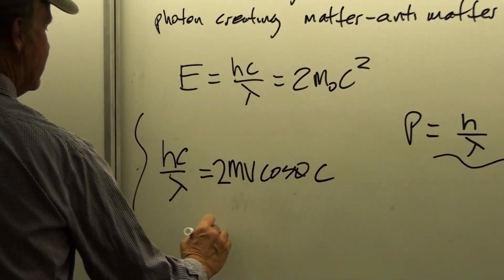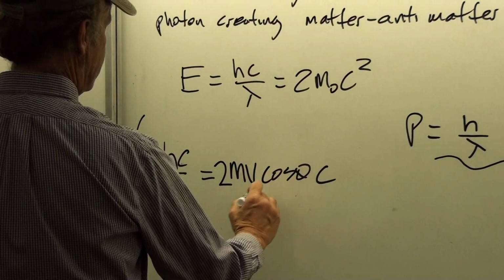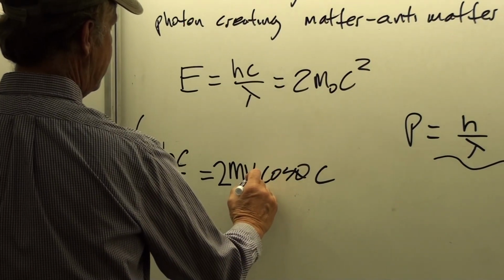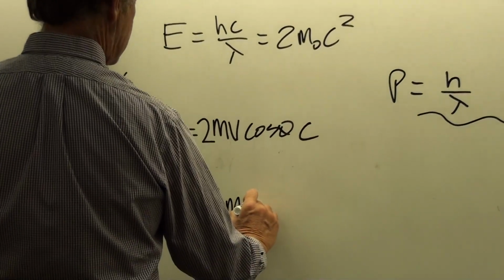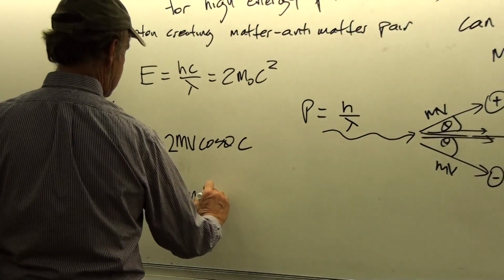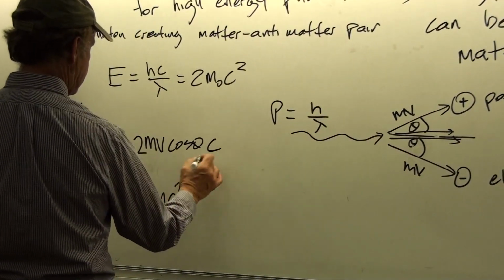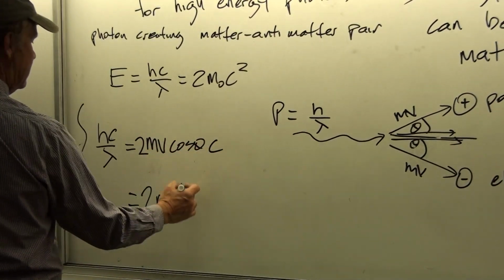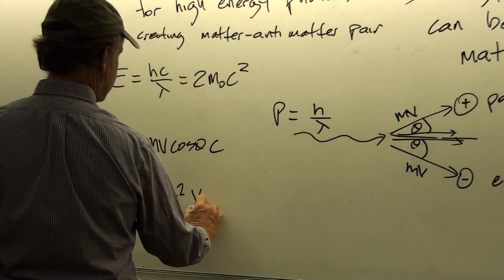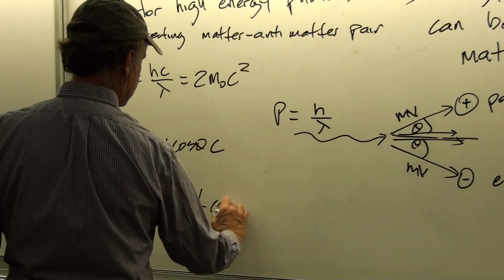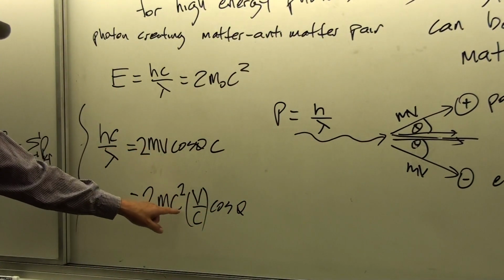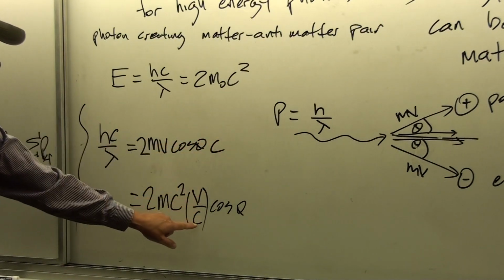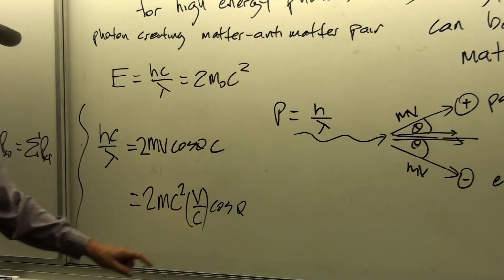And so let's rewrite this then in terms of, instead of v here, what I'm going to write is 2 mc squared, because there's another factor of c here. So I have to write this as v over c cosine theta. Okay, so this is the same thing as that because I've just multiplied numerator and denominator by c.